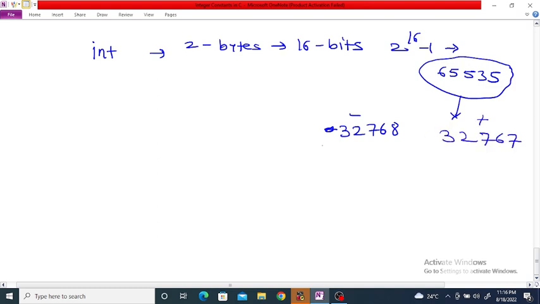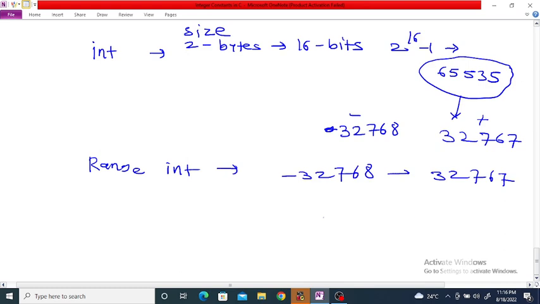So the range of an integer constant is minus 32,768 to plus 32,767. But you can convert negative into positive by using the keyword unsigned integer.